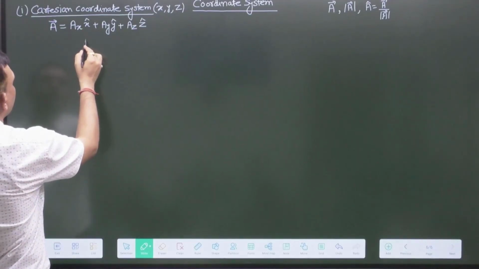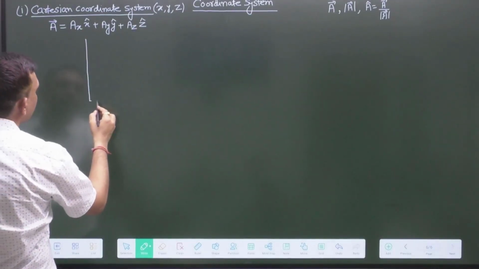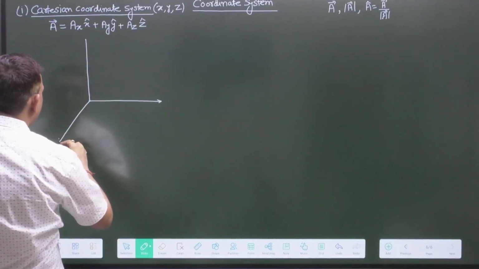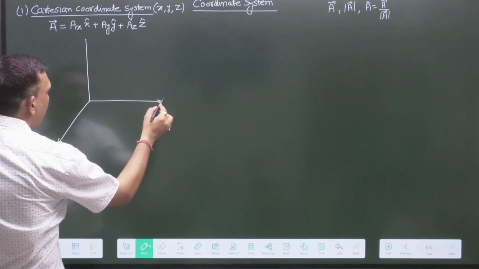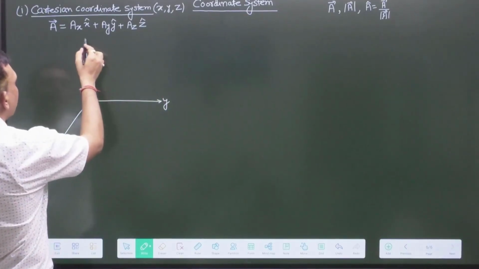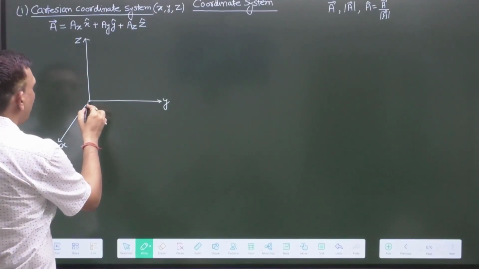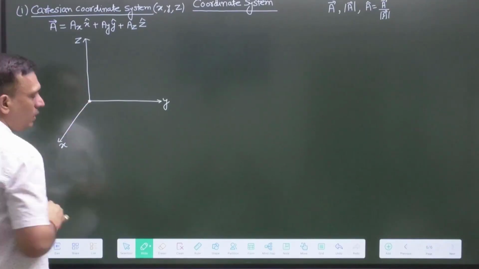So we have three mutually perpendicular axes. This is x, this is y, and this is z. And this is the origin.